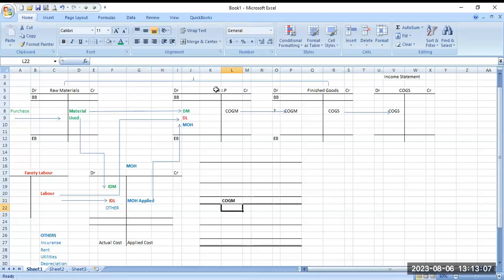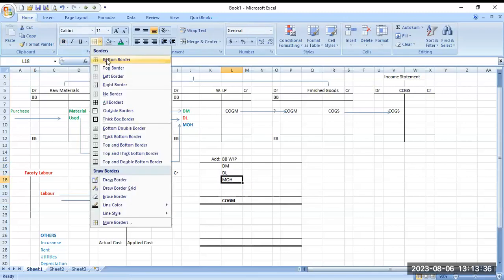We have to add all this manufacturing cost, direct material, direct labor, and MOH. But before that, what do we have to start with? We can start with the beginning balance of work in process. We're going to add the beginning balance of work in process. Then we're going to get direct material, direct labor, manufacturing overhead.